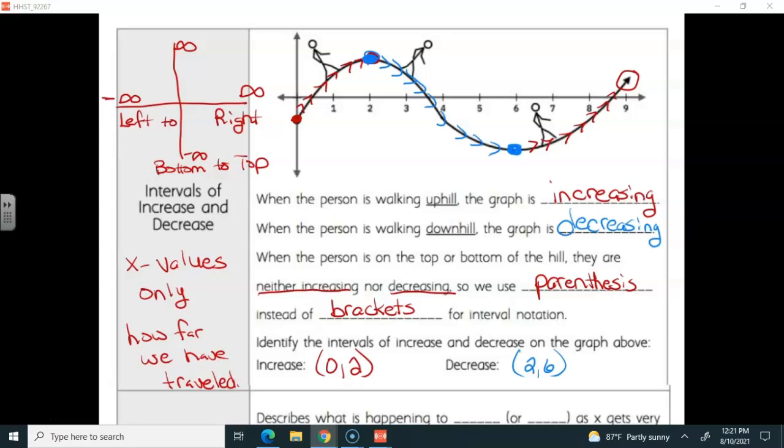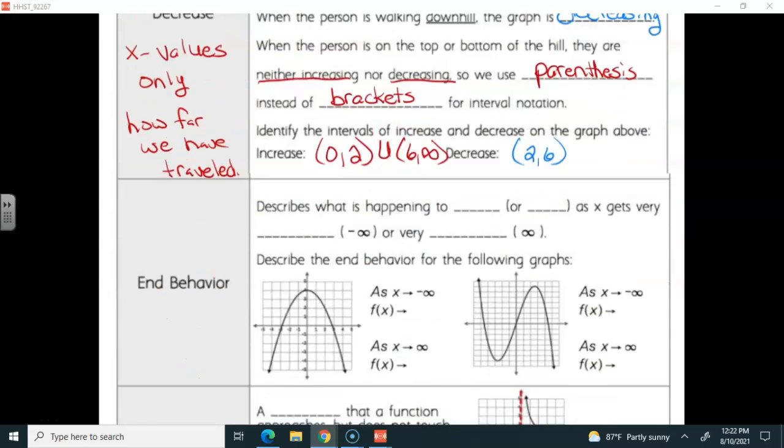And then at 6, we start increasing again, and that's to infinity. And sometimes you will see a U between, so that means that they're union, okay? So the key thing about increase and decrease is you're looking whether the graph's going up or down, and then you're finding how far left to right we traveled. So in this case, from 0 to 2 and 6 to infinity, we were increasing, and 2 to 6 decreasing.